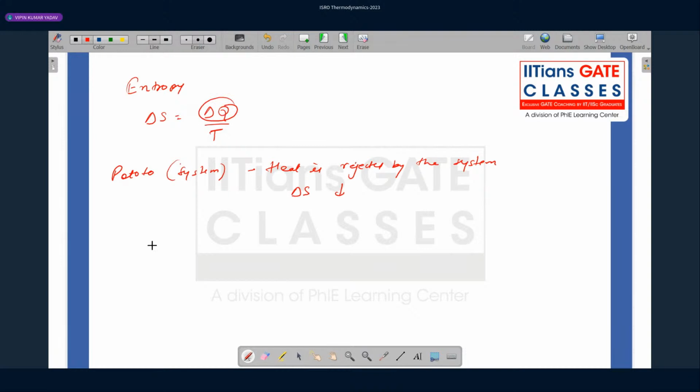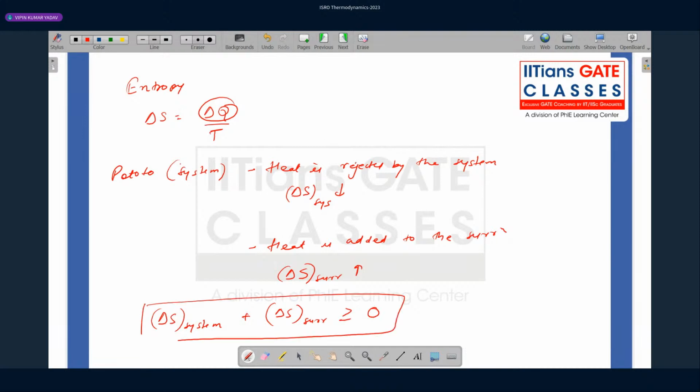But heat is added to the surroundings, and therefore the change of entropy of the surroundings will increase, and the change of entropy of system plus surroundings should be greater than or equal to 0. This is your increase in entropy principle.